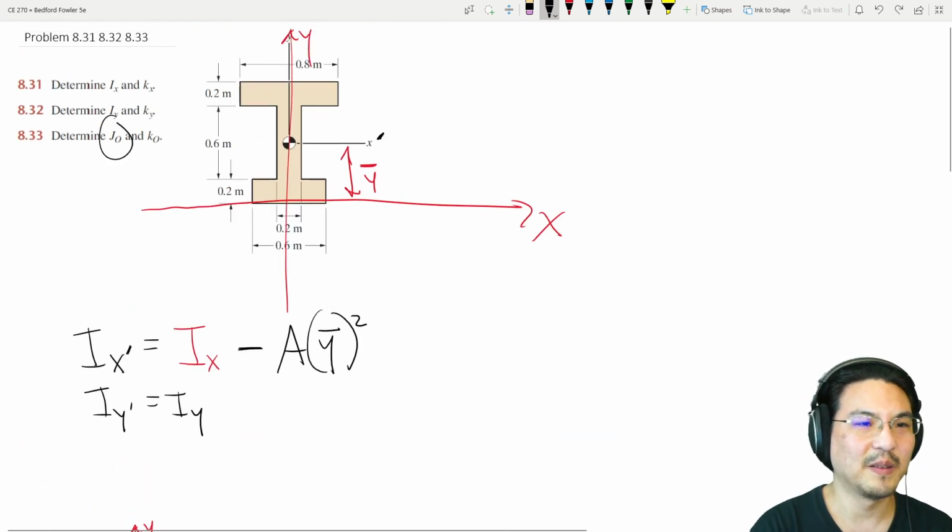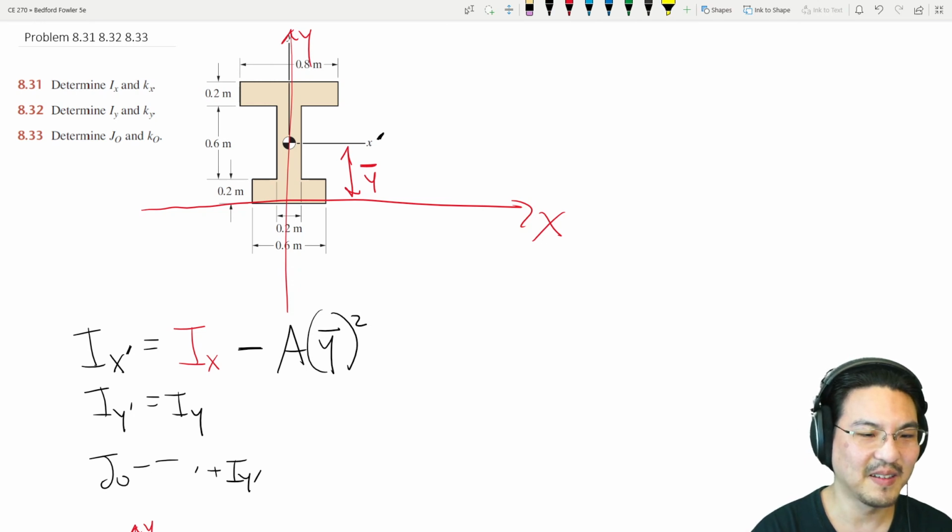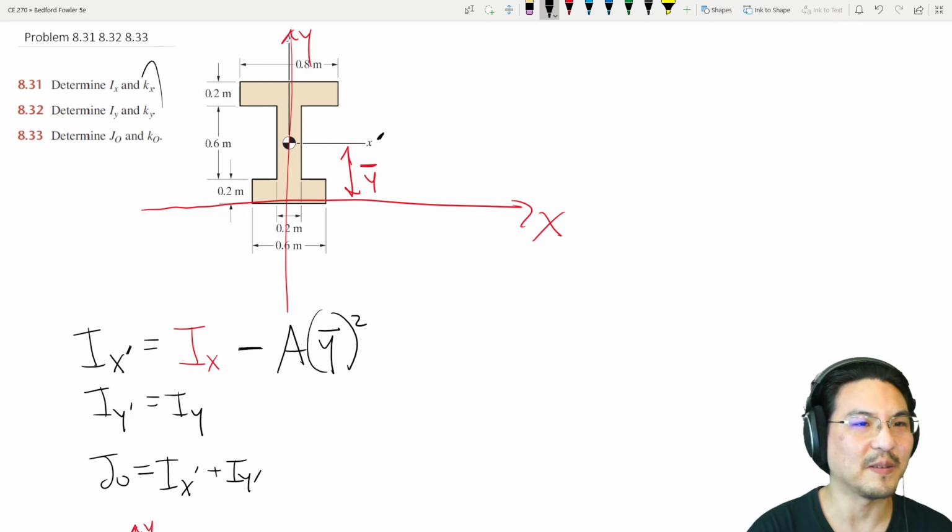And the polar moment is just, you just add these two together. Okay, that's an x. Okay, oh, and then I forgot these.